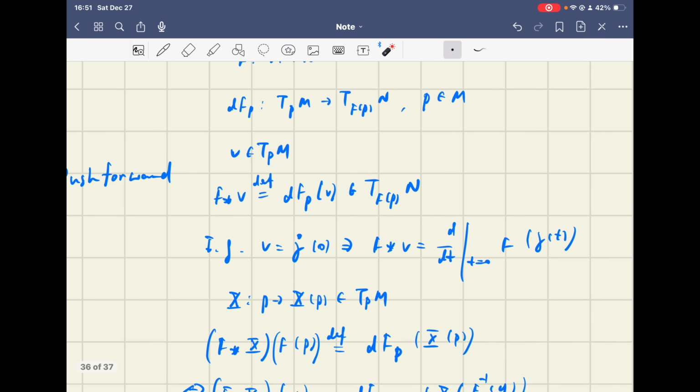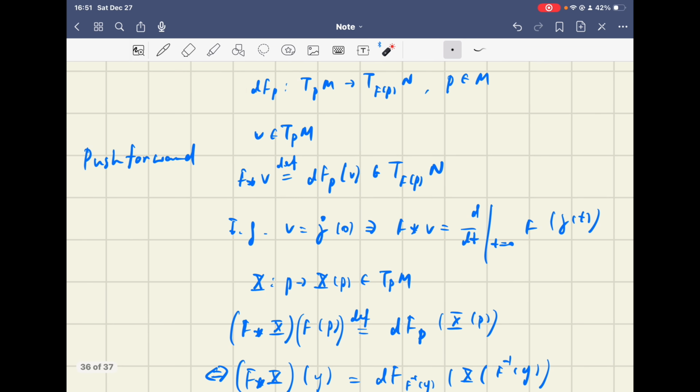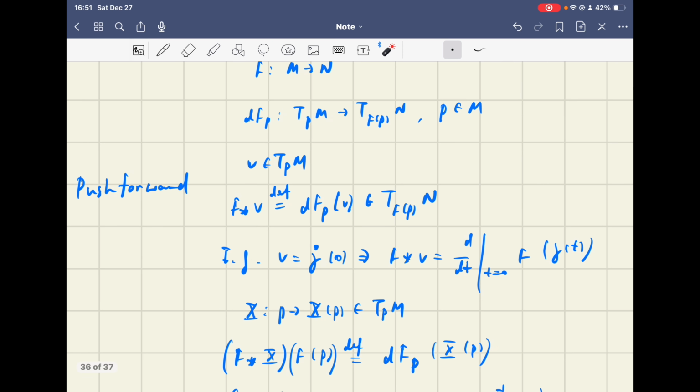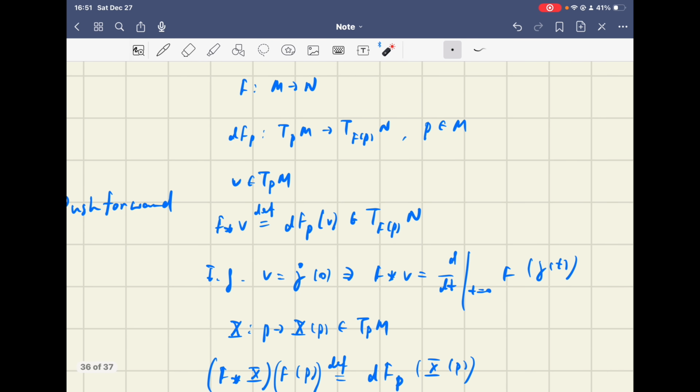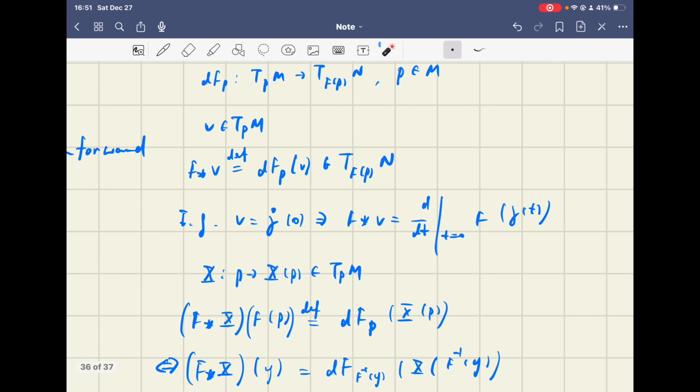Let v be a tangent vector at point p on the manifold M; its pushforward is just the differential of f applied to v. As you see over here, the definition is like that.